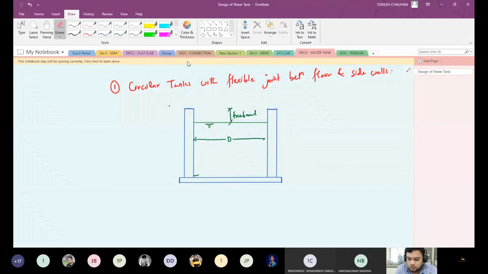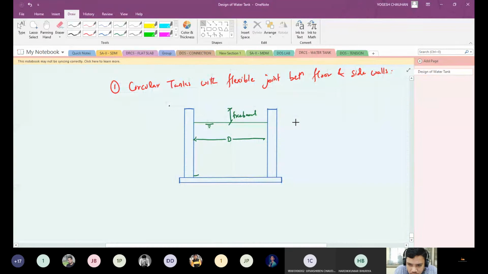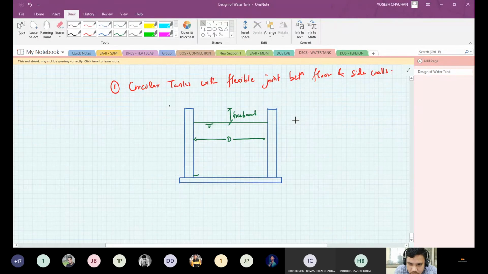So the pressure diagram due to this water inside the tank will be triangular in shape, just like the earth retaining structures, like retaining wall.